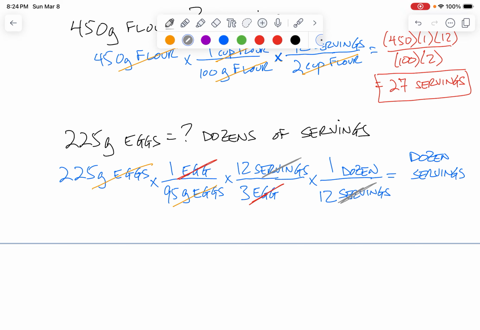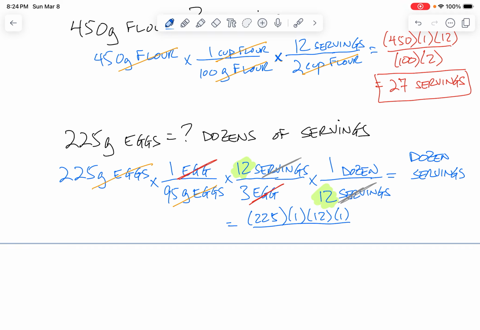All right, let's see about the math then. This is kind of nice. You may have noticed, for instance, I got 12 on top and 12 on the bottom. So if you recognize that that's going to cancel, you can leave it out of your math. But just to show where all the numbers are going to go, it would be 225 times 1 times 12 times 1.